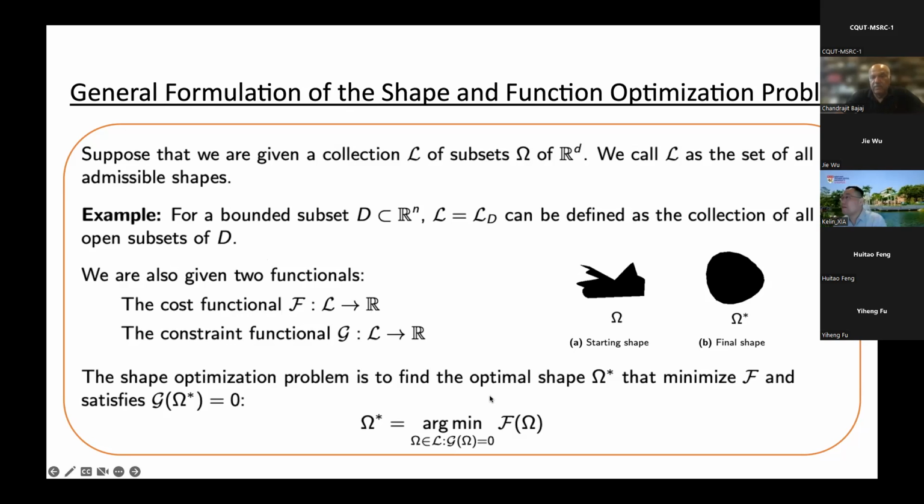So the problem is to find the optimal shape, omega star, given any initial state omega from your collection, that minimizes the cost functional f, subject to the constraint functional g. So it's a constrained optimization problem involving these f and g.